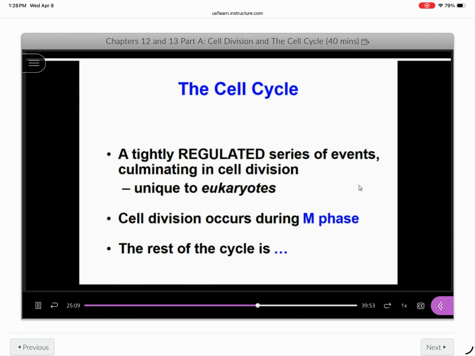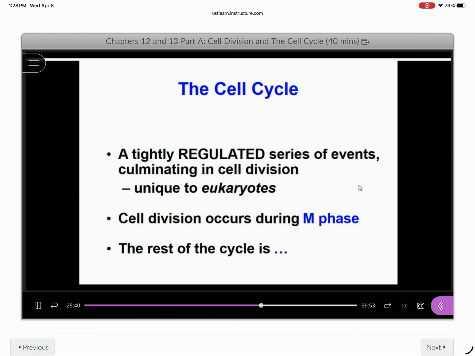Cell division, as I said earlier, is part of the cycle, and it happens in what we call the M phase of the cycle. Obviously, M is for mitosis. So what is the rest of the cycle apart from M phase? The rest is the phase or phases between cell divisions.